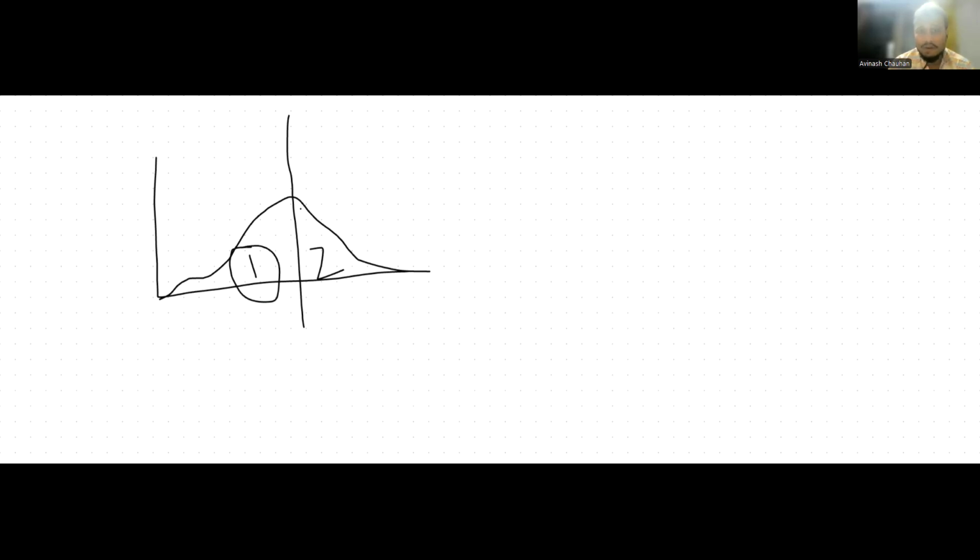It is left skewed. My graph tends to bend towards the left. So we can call it left skewed. Why is it left skewed? Because it is not symmetrical in nature, and my left portion tends to bend more. For that particular reason, it is left skewed.